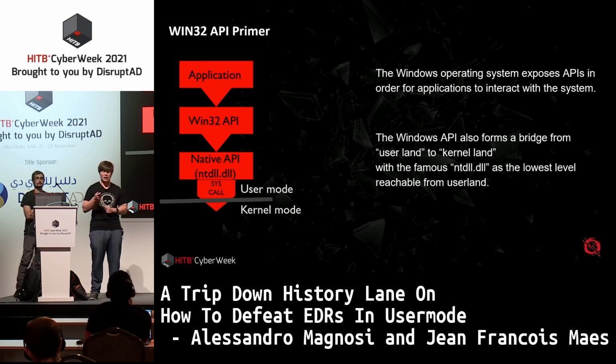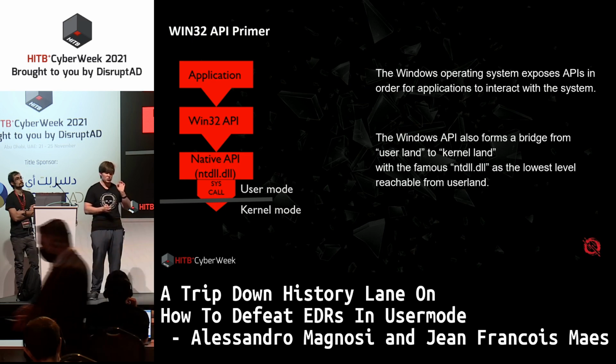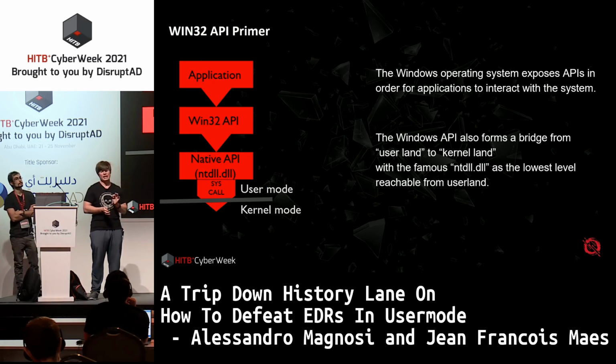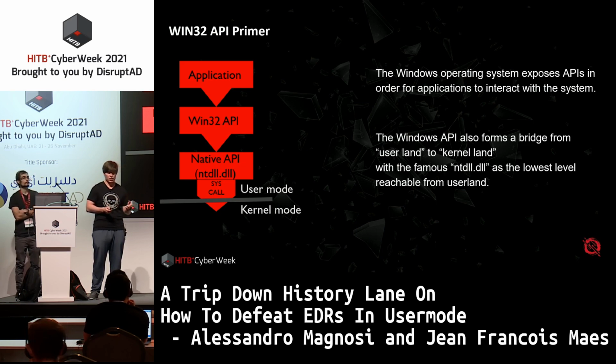But if you know about this stuff, then you can actually start manipulating it. And if you are that low level, you're actually just one level above the kernel. That's actually where EDRs also place their hooks. So if you know how to manipulate that, you can avoid userland hooks, and you can actually still run malicious payloads on the environment with even endpoint protections in place.